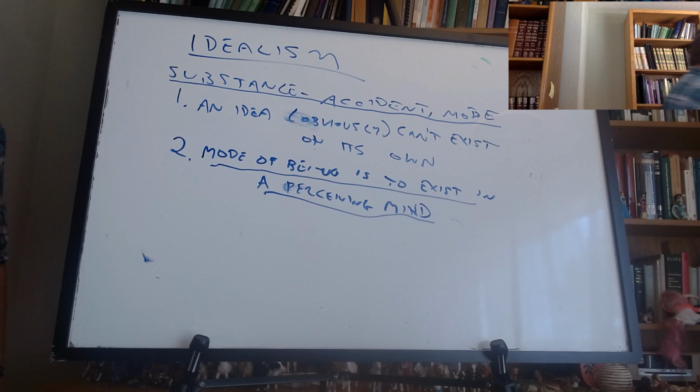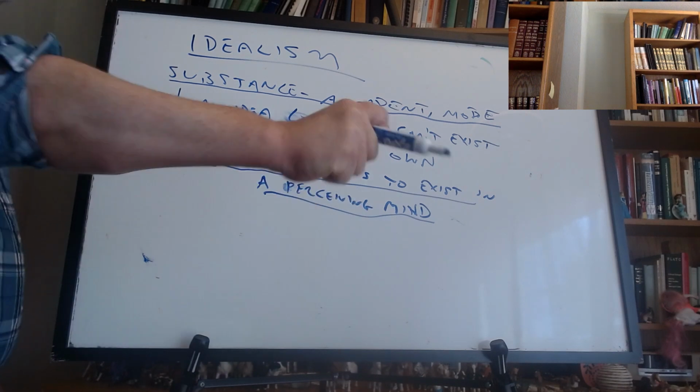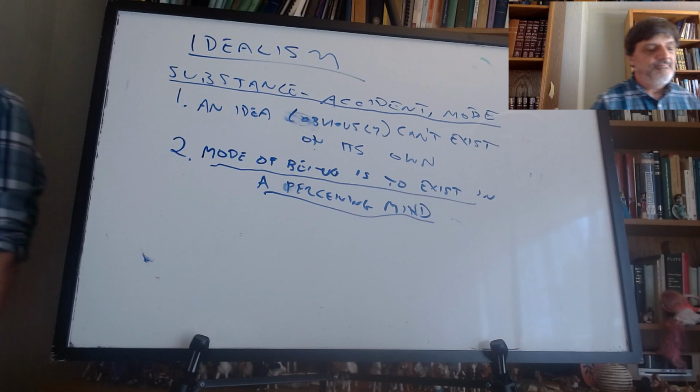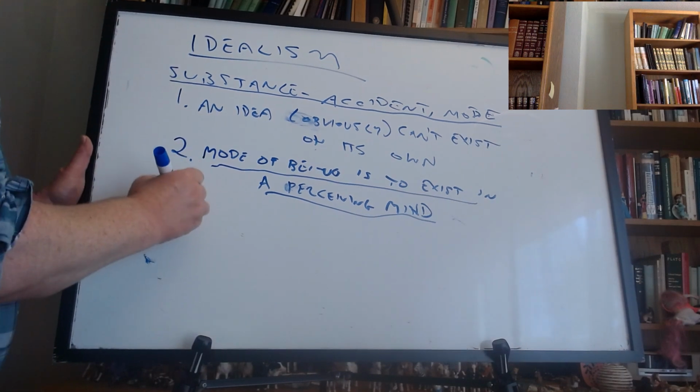So we can't take being away from this and attach it to something else. We can't take an idea of being away from this and attach it to something else. All right, so anyway, that's the case with ideas.